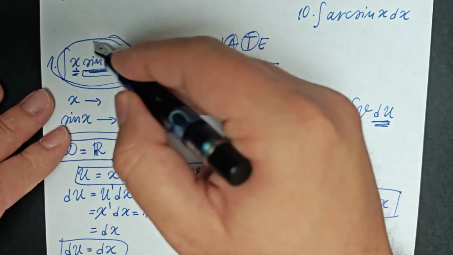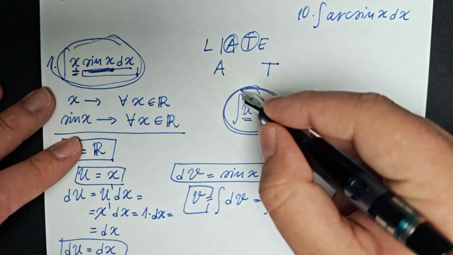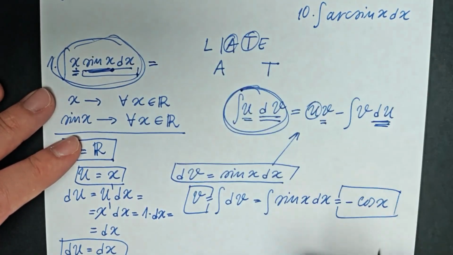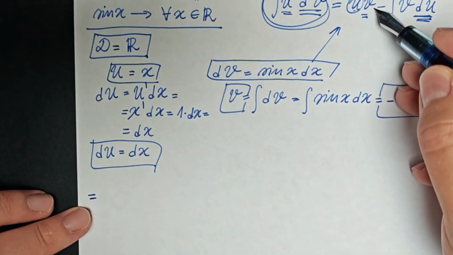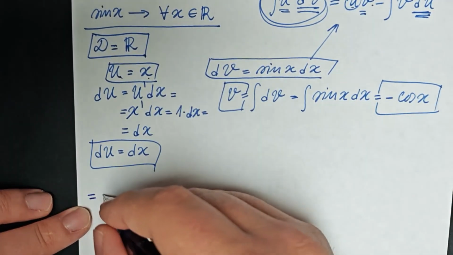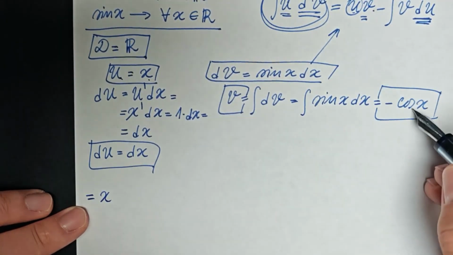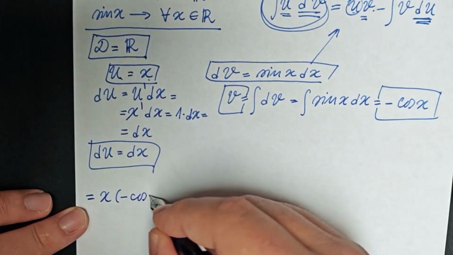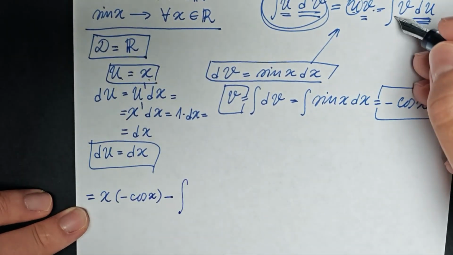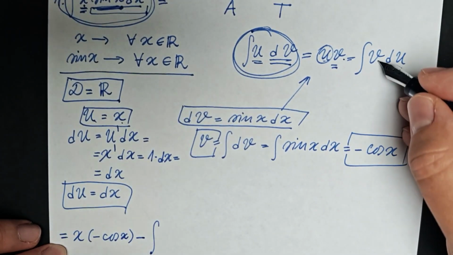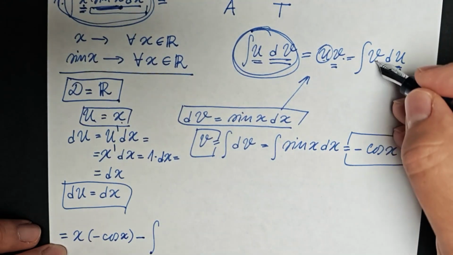So we have this integral, this is this integral from the formula. So this integral is then equal to u multiplied by v. U is x and v is negative cosine of x. We have a minus sign and then the sign of an integral. V multiplied by du.